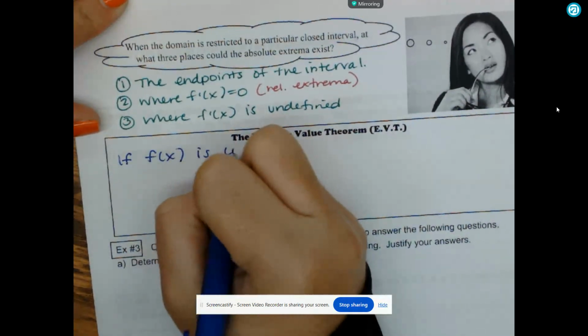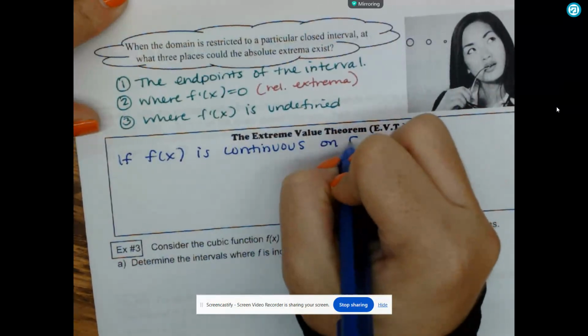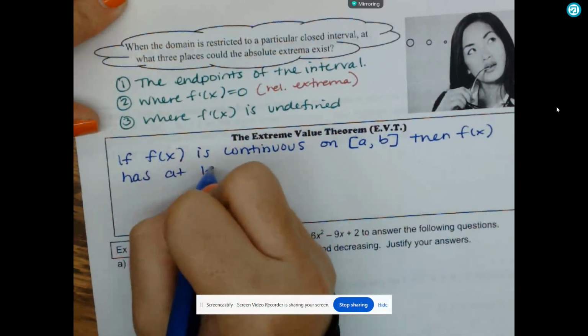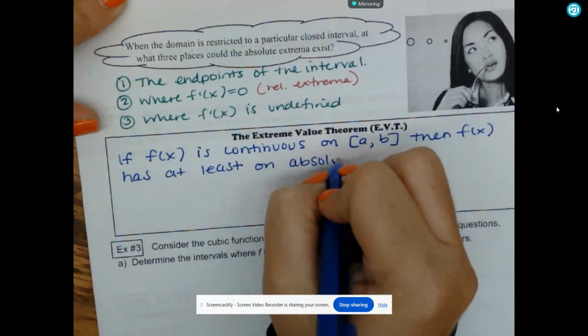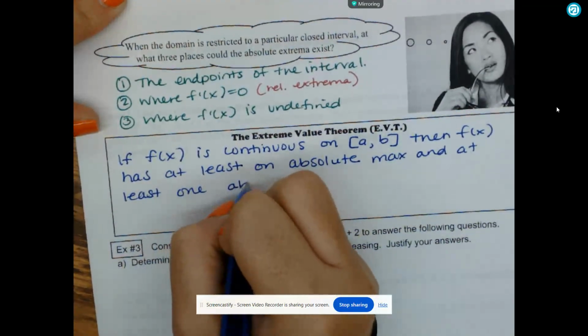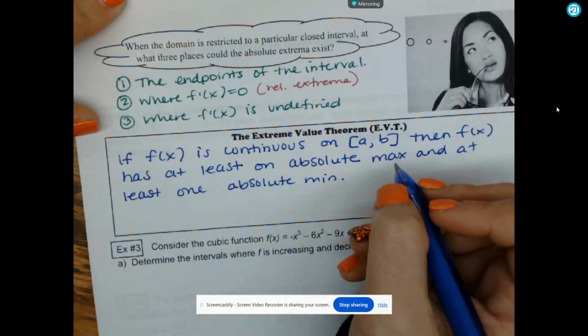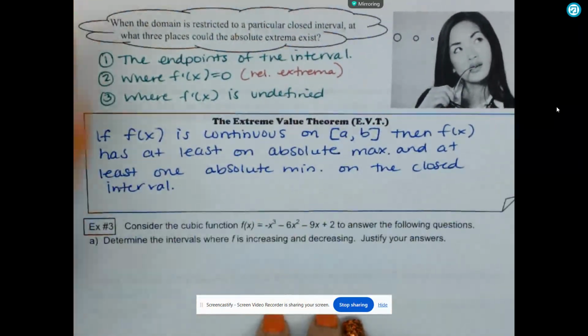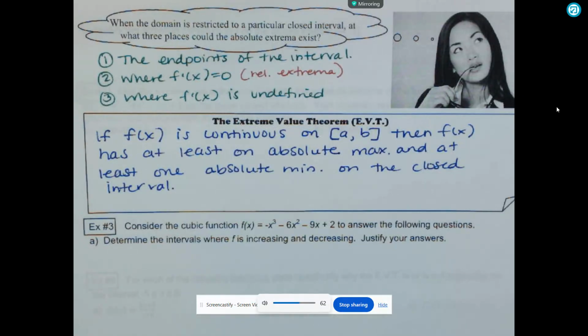If f of x is continuous on the closed interval [a, b], then f of x has at least one absolute max and at least one absolute min on the closed interval.